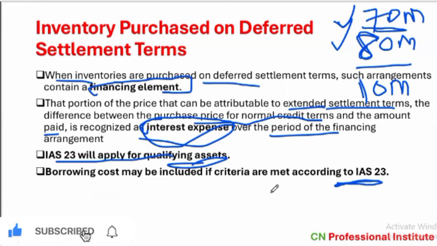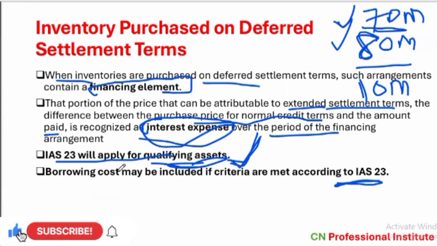So if the inventory that you are producing is a qualifying asset, then interest on such inventory will be accounted for using IAS 23. If it takes a substantial period of time to make the inventory available, then IAS 23 says we should capitalize such an amount.